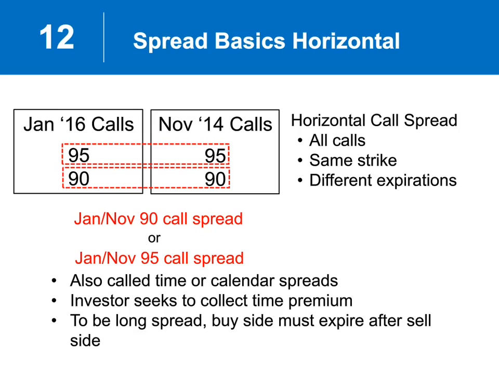These are often referred to as time spreads or calendar spreads. The chief objective in this type of strategy is to collect time premium from the erosion of time, from time decay, the erosion of the time value of the contract. And of course, to be long the spread, your buy side must expire after your sell side. You have to own the further out contract.